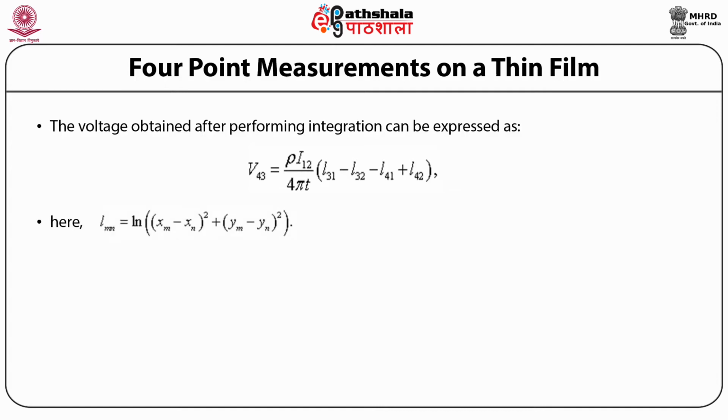Here Lmn is equal to the natural log of ((xm minus xn) squared plus (ym minus yn) squared). So resistivity can be obtained as ρ = 4πt V43 / I12 into the inverse of (L31 minus L32 minus L41 plus L42).